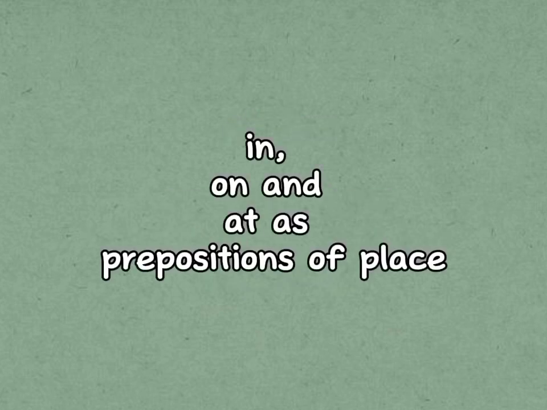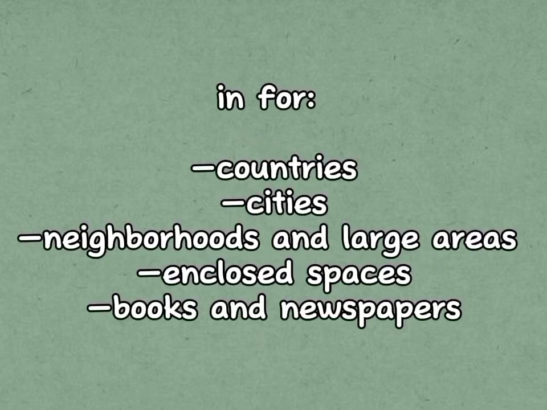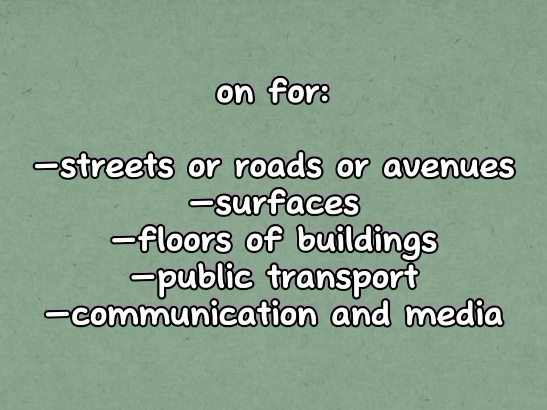Let's move on to in, on, and at as prepositions of place. In is used to talk about countries, cities, neighborhoods and large areas, enclosed spaces, books, and newspapers. We use on to talk about streets, roads or avenues, surfaces, floors of buildings, public transport, and communication and media.